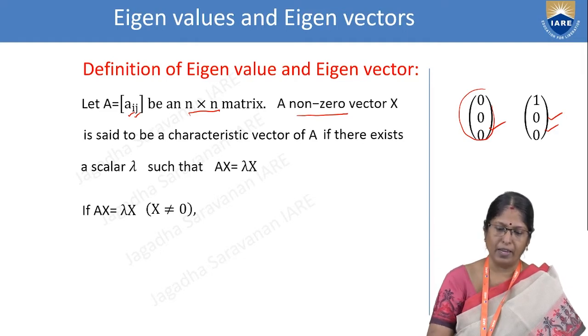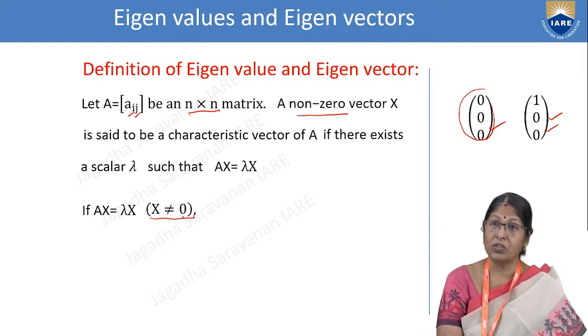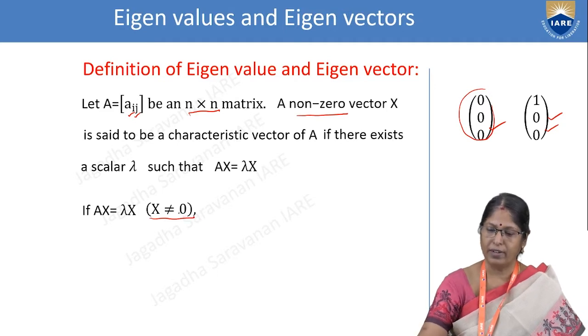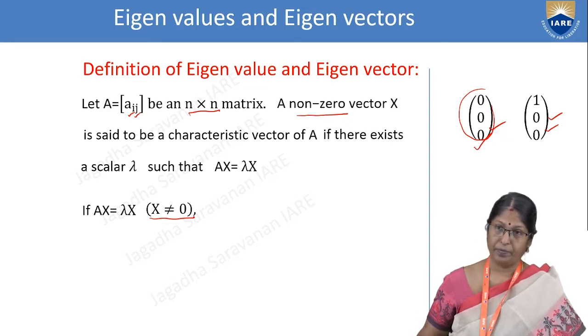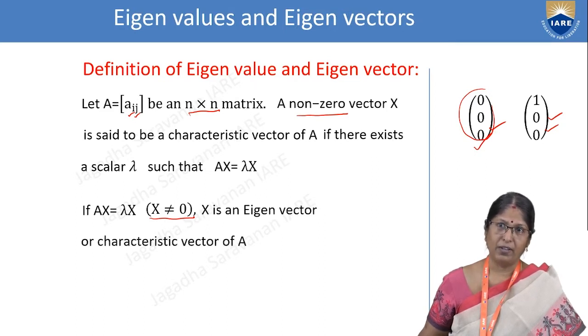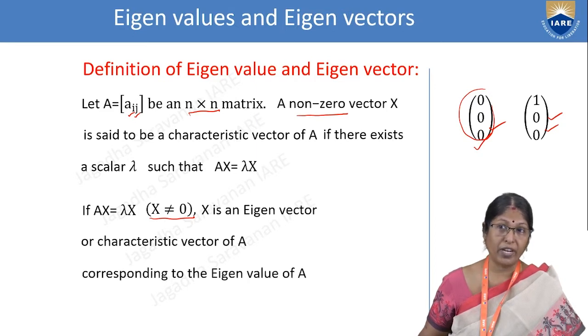The meaning is x should not be a zero vector. Compulsorily, it should be a non-zero vector. X is an eigenvector or characteristic vector of A corresponding to the eigenvalue lambda of capital A. That is our given matrix.